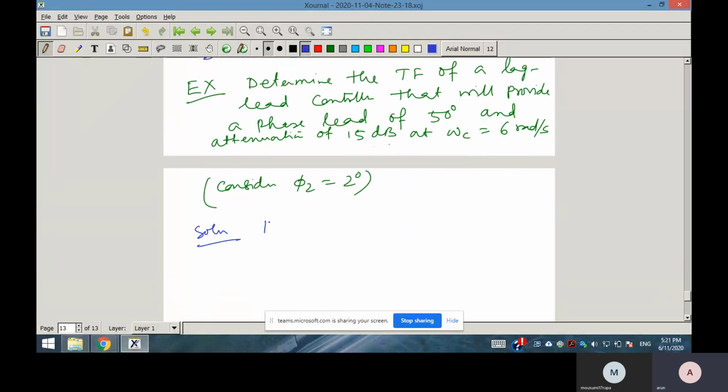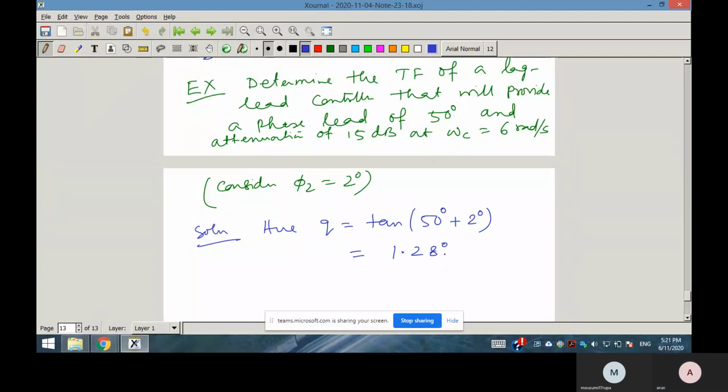So here what is q? q is tan of how much phase lead is needed, 50 degree, minus how much lag the lag controller will provide, 2 degree, at this frequency omega c. So if you compute, this will be equal to 1.28.